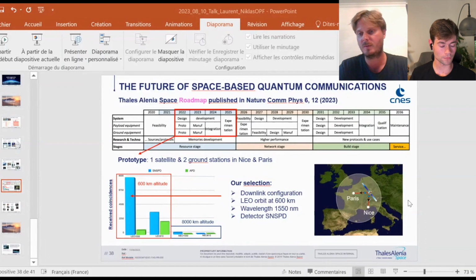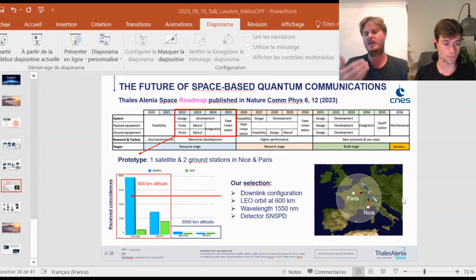In this configuration, where you want to do entanglement distribution from space to the ground, you have to increase the altitude due to visibility. If you want to increase the visibility, you have to increase the altitude. And also, the higher you are, the higher the communication time, because the higher you are, the lower the speed of the satellite.